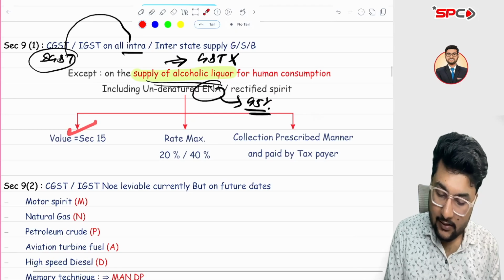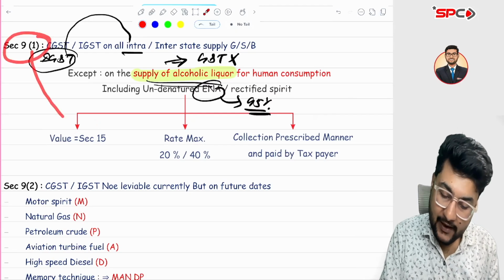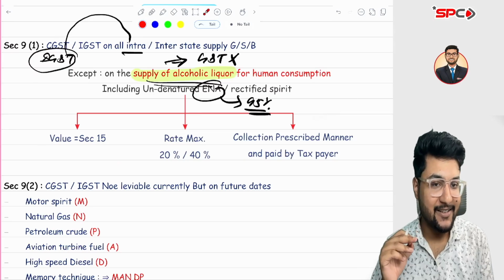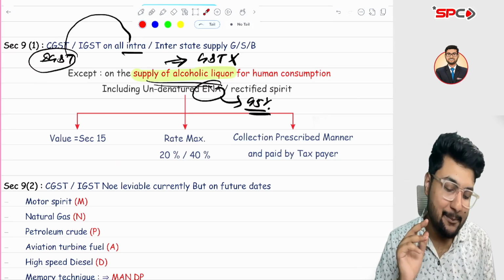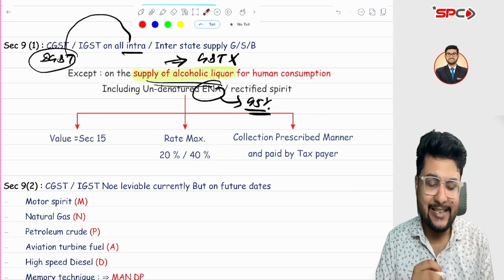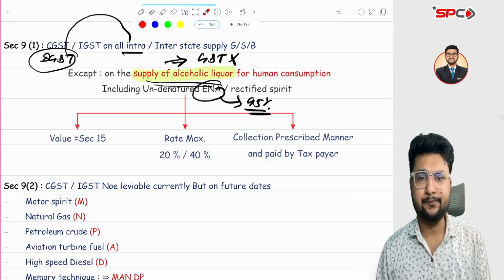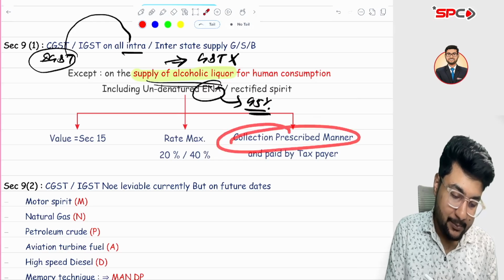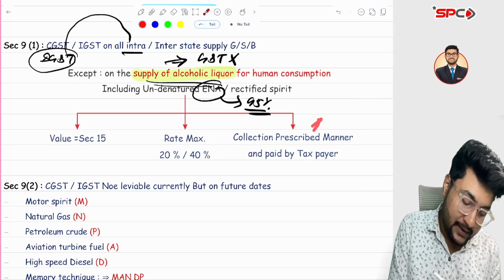Okay, next. 9.1 specifies the value will be determined as per section 15. We have studied this in valuation of supply, and the maximum rate under GST is 40%, with CGST and SGST 20% each. Collection is as may be prescribed. There are two methods only.